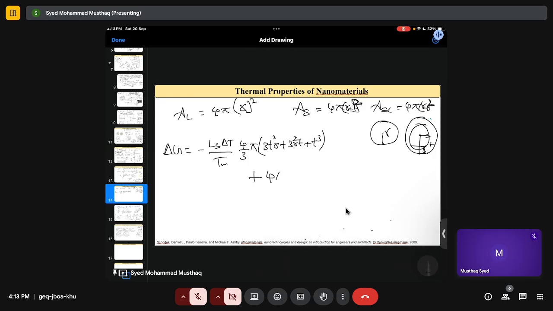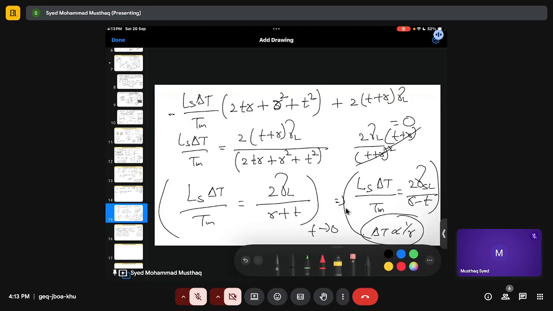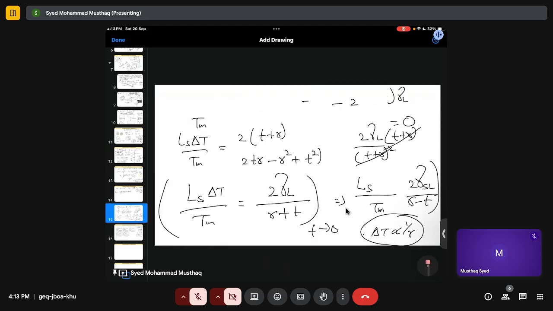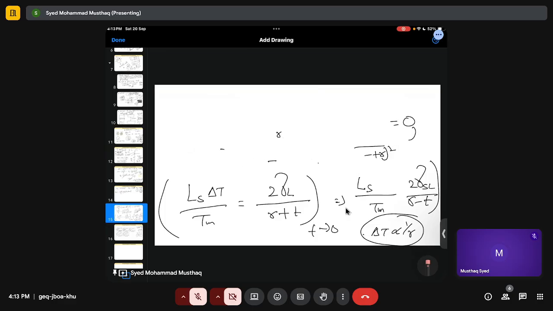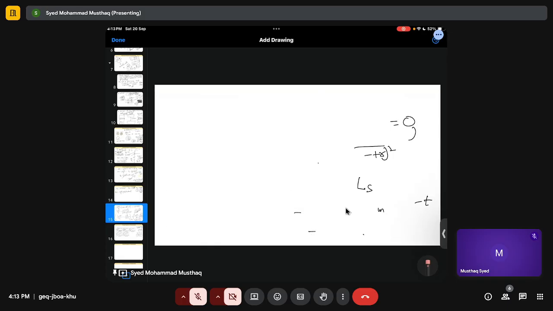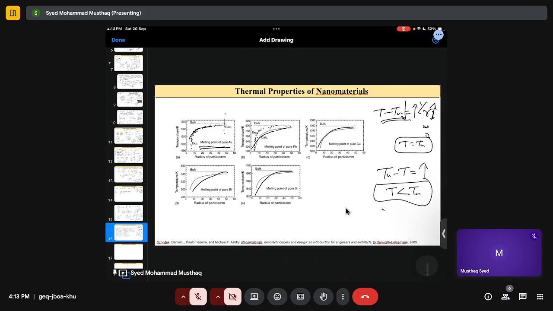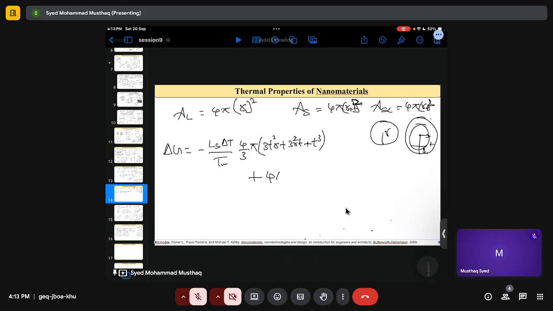Let me explain the problem again. I will take these things out clearly. Okay, now, let's say I have this as R, the initial particle R, then at the final point this is my solid and this is my liquid, right?